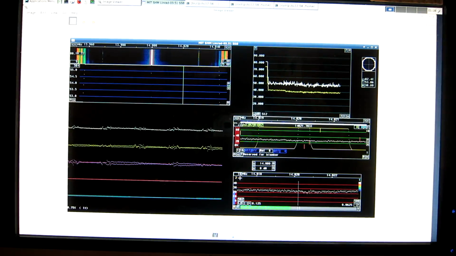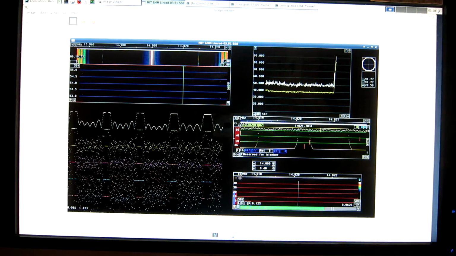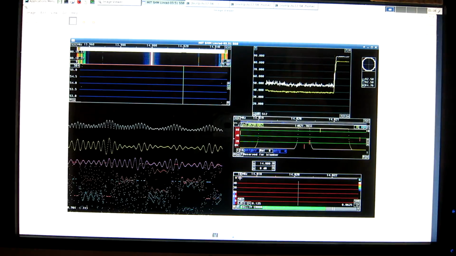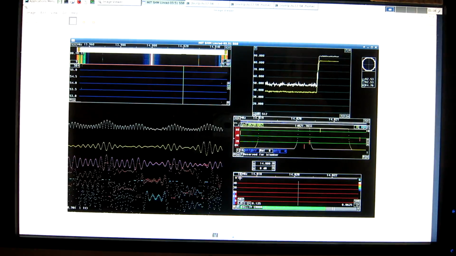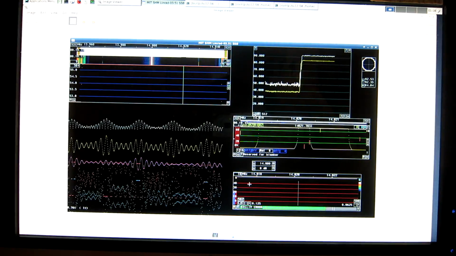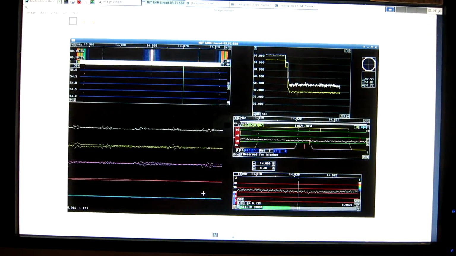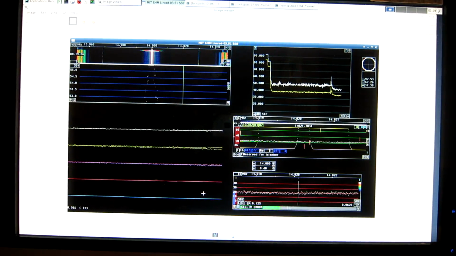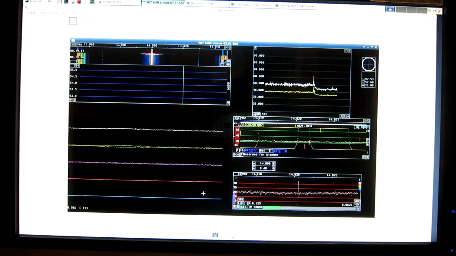If I increase the pulse amplitude by 10 dB, like this, you can see it doesn't work so well anymore. Something goes nonlinear inside the Softrock. I can reduce the level by 10 decibels instead. And then disable the blankers.